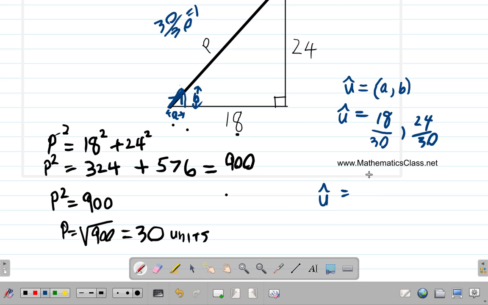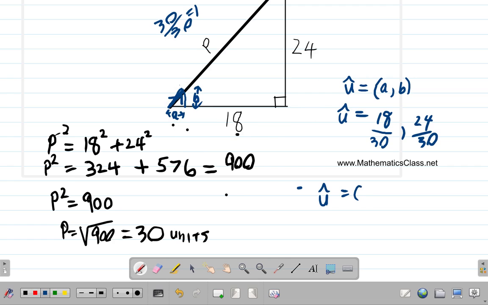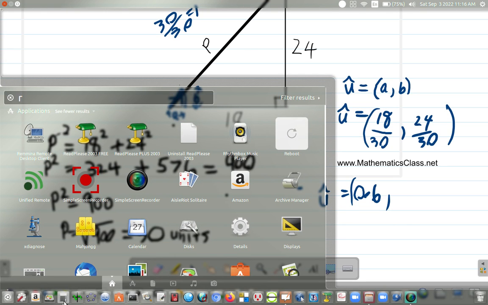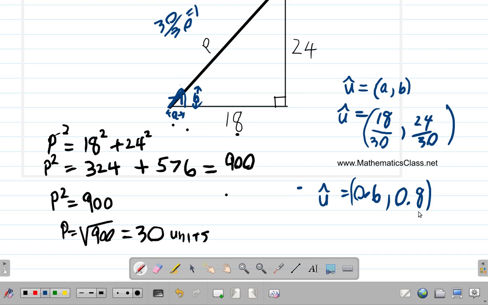What is 18 divided by 30? 18 over 30 equals 0.6. 0.6, comma, 24 divided by 30. 24 divided by 30 equals 0.8. So that would be the unit vector.